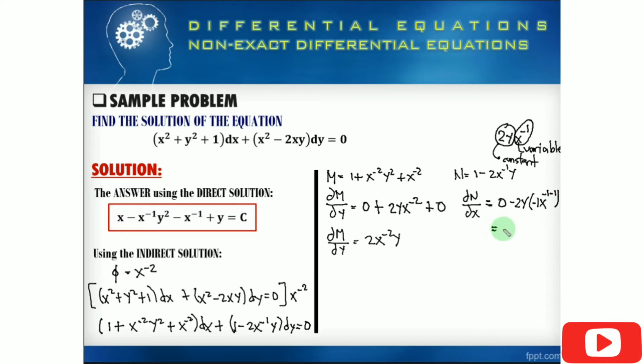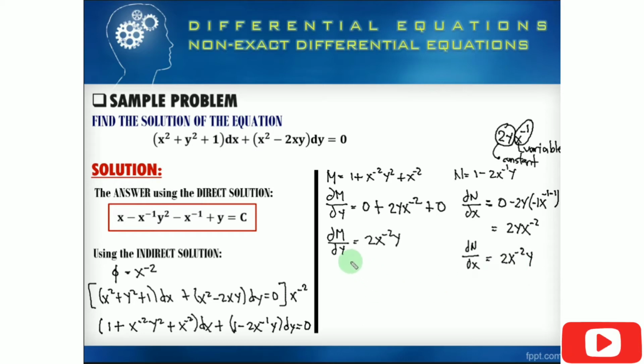Okay, so this is just negative 2y times negative 1, so this is positive 2y, and then this is x raised to the negative 2, or we can say that our partial derivative of n with respect to x is simply equal now to 2x raised to the negative 2 times y.